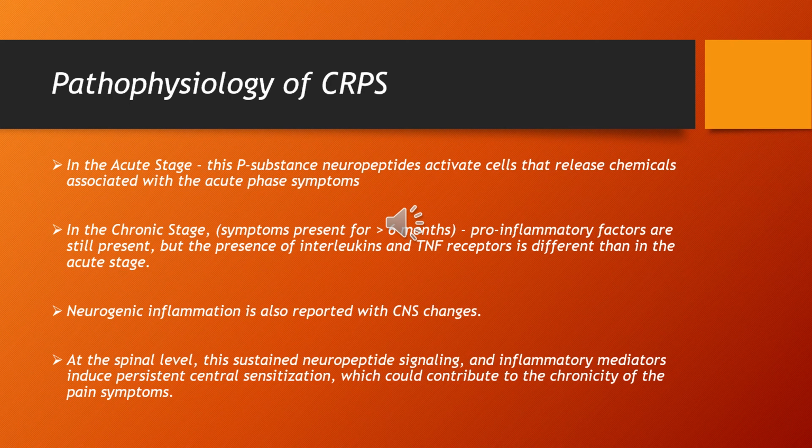This results in the production of local inflammatory responses such as erythema, swelling, temperature increase, tenderness, and pain. Then at the spinal level, this sustained neuropeptide signaling and inflammatory mediators induce a persistent central sensitization that could contribute to the chronicity of the pain symptom. Again, we're getting into the chronicity because of this constant vicious cycle that is produced with substance P.